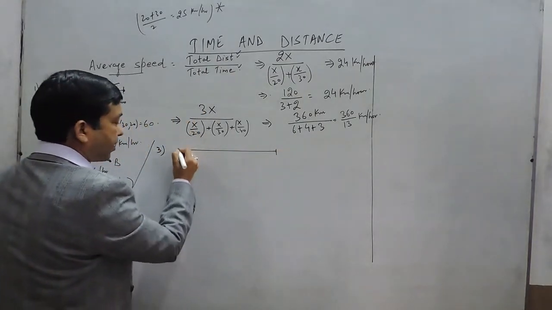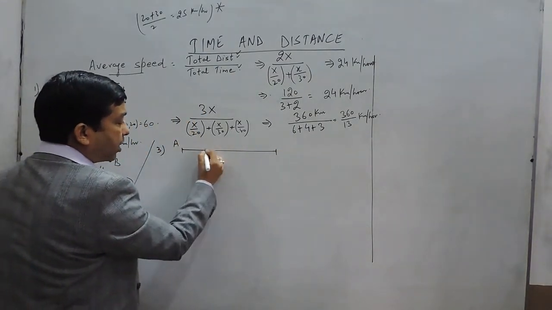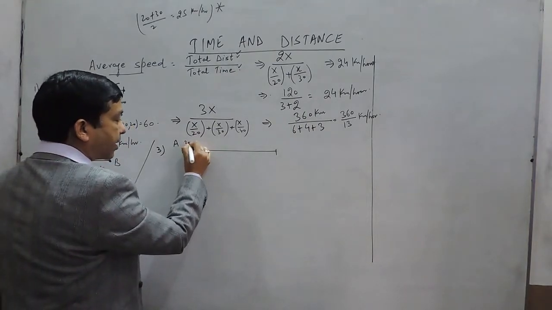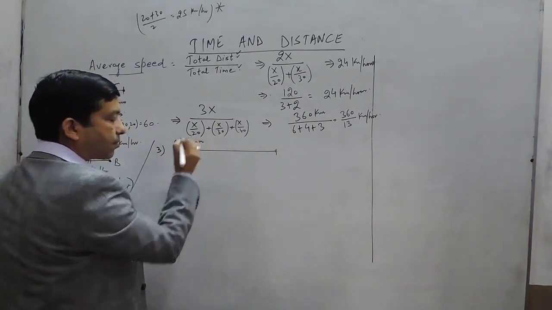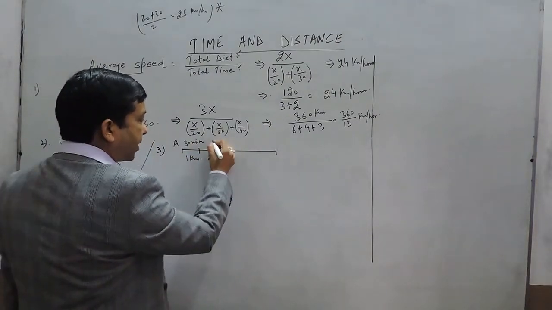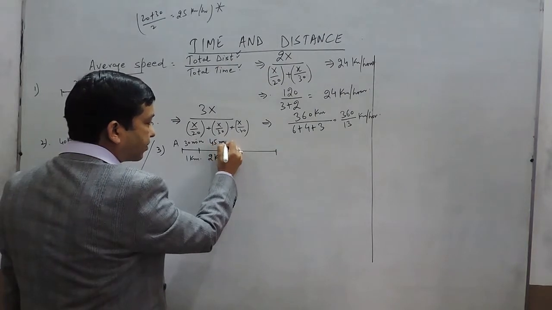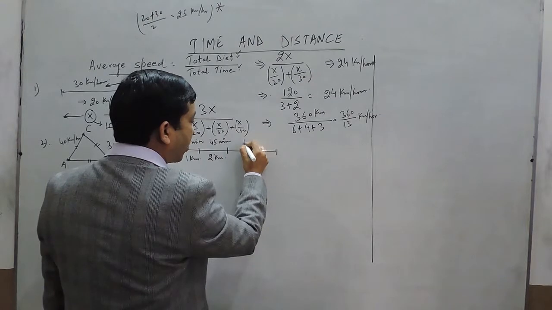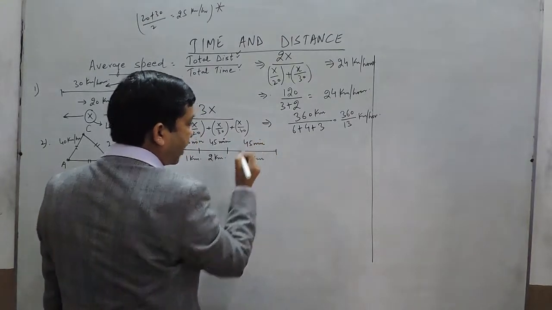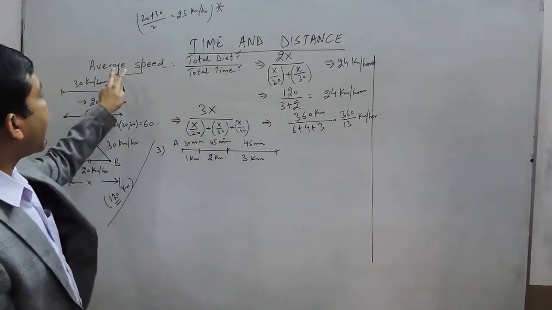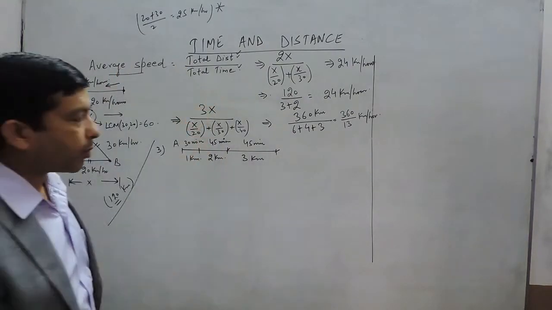For example, if A goes the first 1 kilometer in 30 minutes, then the next 2 kilometers he goes in 45 minutes, and the next 3 kilometers again in the same time, 45 minutes. So directly we can say the average speed will be total distance upon total time.